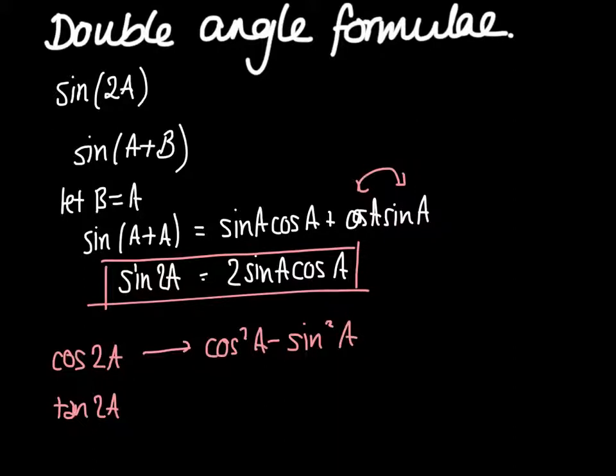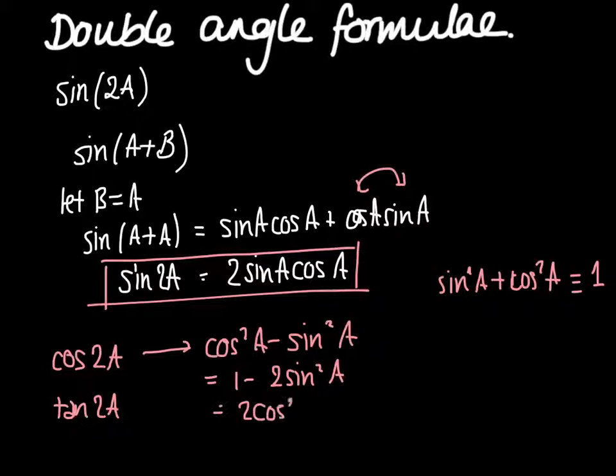Now, we know, because we've been using it and because we've known it from C2, that cos squared a plus sine squared a is always equivalent to 1. Which means I can rewrite this expression as either 1 minus 2 sine squared a or 2 cos squared a minus 1.